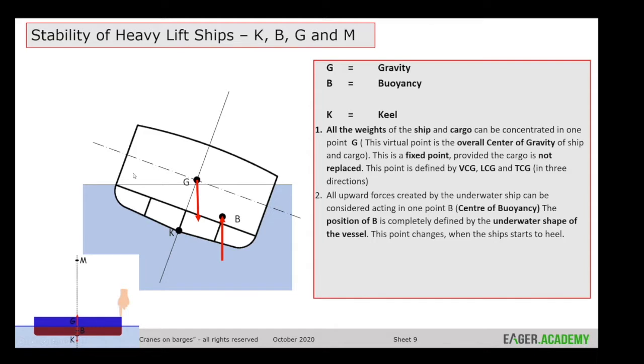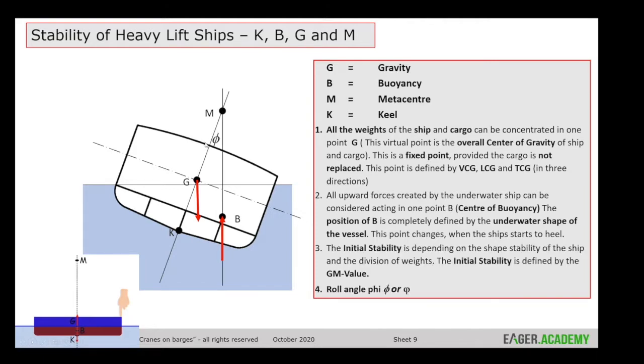So you can imagine that now you consider this shape over here, which is completely different from when the vessel is in a stable horizontal position. So this point changes with the heel of the vessel.